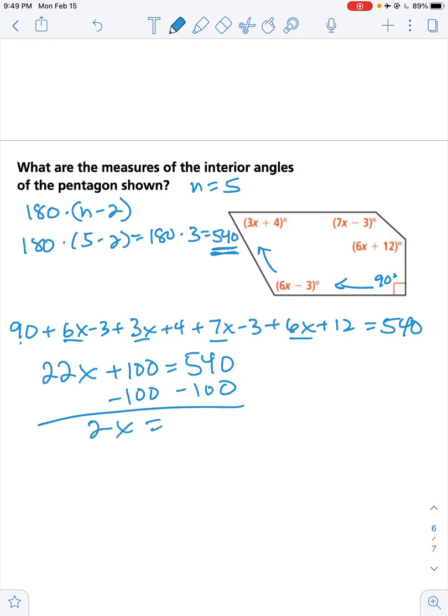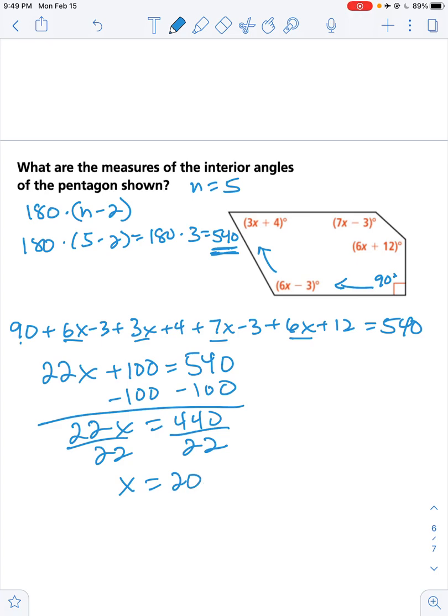I end up with 2x is equal to 440. Oh, 22x, not 2x, sorry. Divide both sides by 22. I end up with x is equal to 20. Is that right? Let me double check. Yeah, okay. So x is equal to 20.